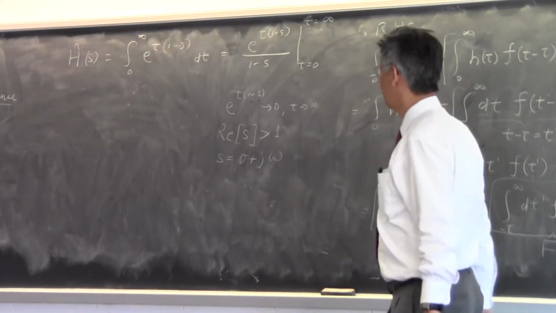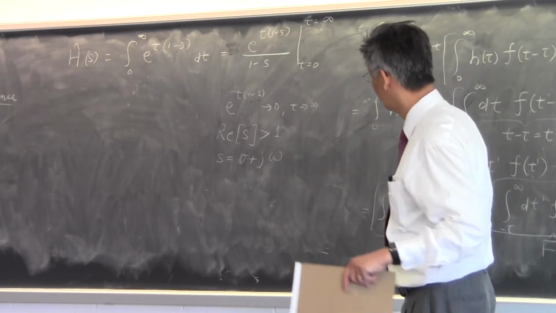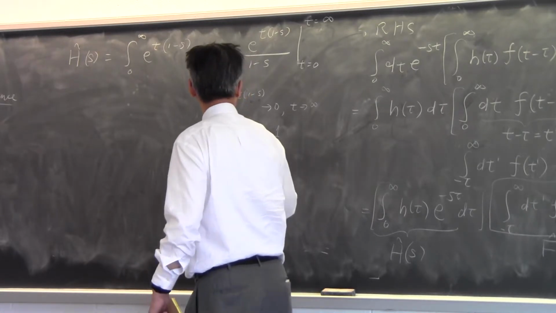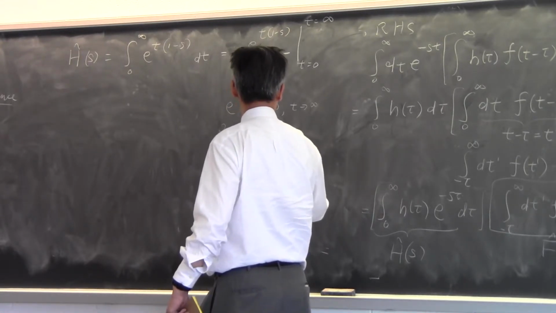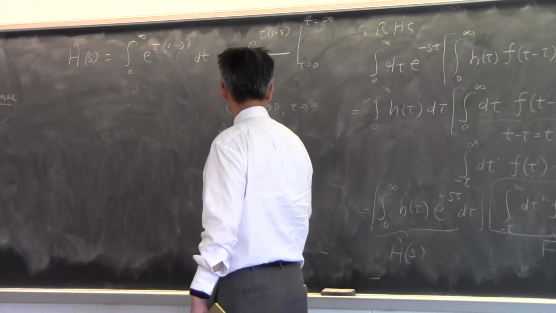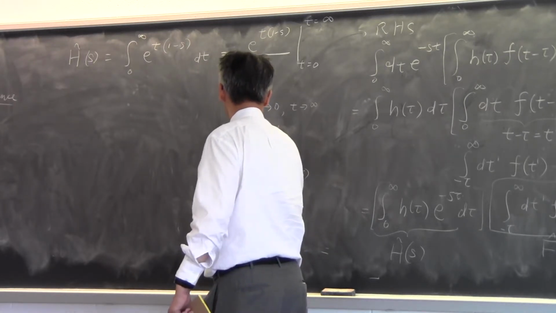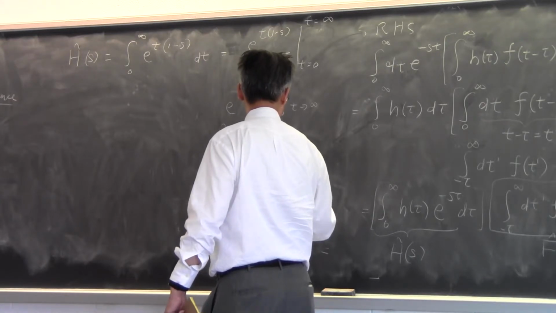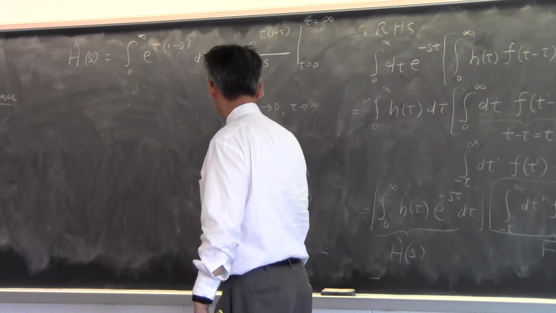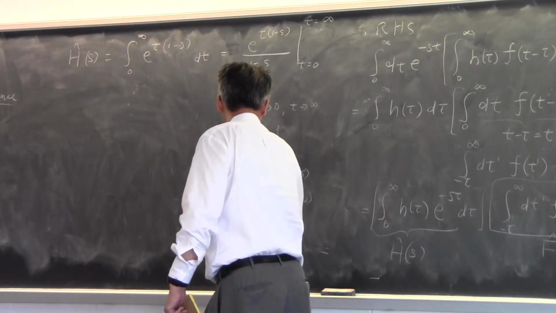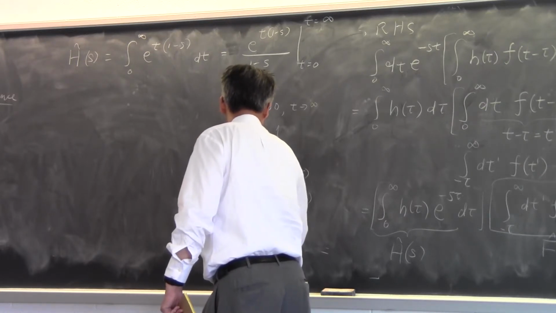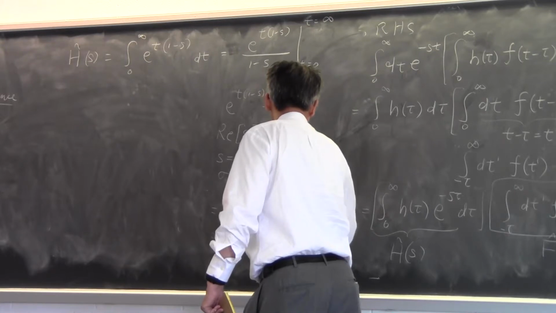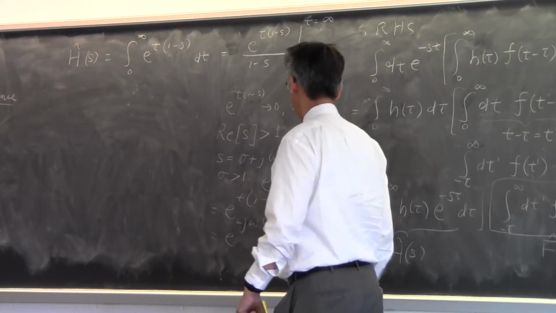If I make sure that the real part of s, or sigma, is larger than 1, then e to the t(1 minus s) would be e to the t(1 minus sigma minus j omega), which is equal to e to the minus j omega t times e to the minus (sigma minus 1)t.